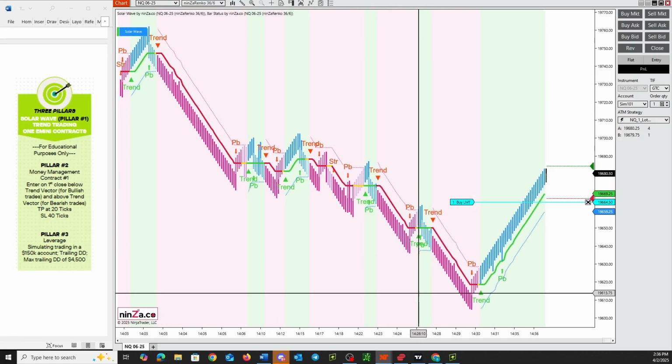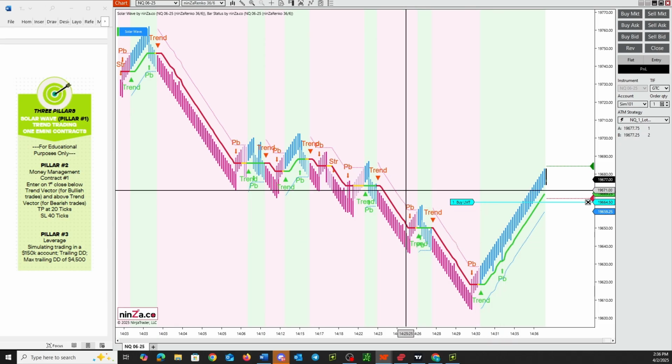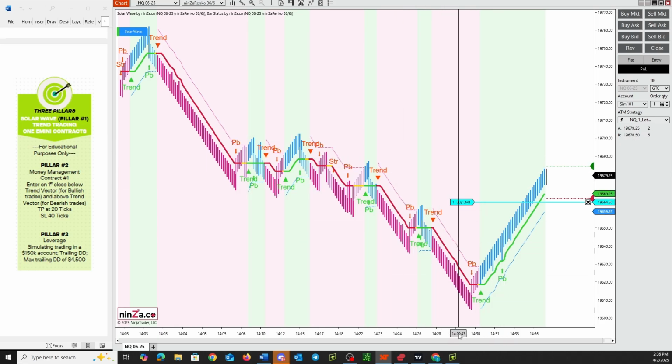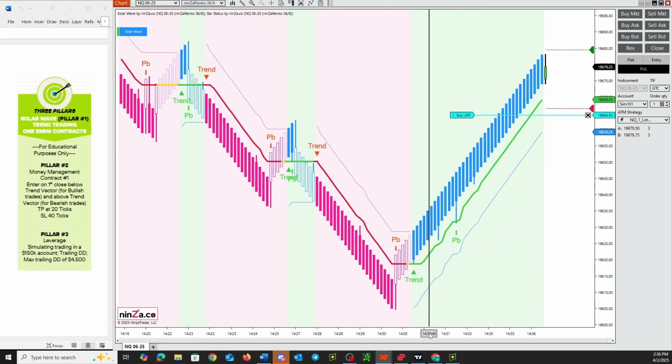Yeah, we should start to run into some problems up in here. This is a lot of mess right there, so it wouldn't surprise me if we start to pull back in this area.